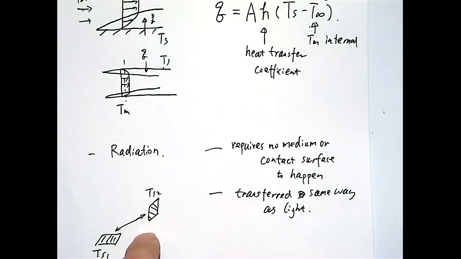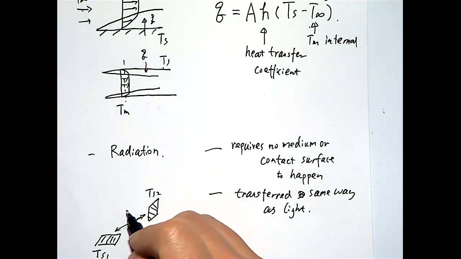Later on, when we study radiation, we will learn that anything with a temperature above 0 Kelvin can emit thermal radiation. So what we often deal with is net radiation. The hot surface will always give more energy to the cold surface, but the cold surface, as long as it's not at 0 Kelvin, will also send back certain energy in terms of radiation.